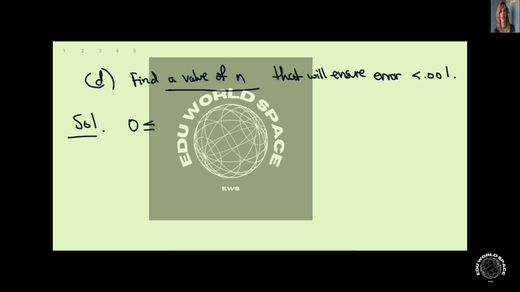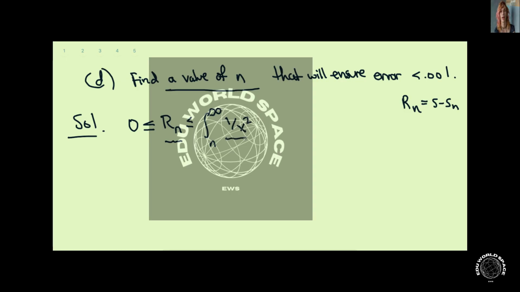So instead, we won't plug in a value for n yet, but we'll use this inequality for the error here. So this is for the remainder when using n terms. So this will be 1 over x squared.